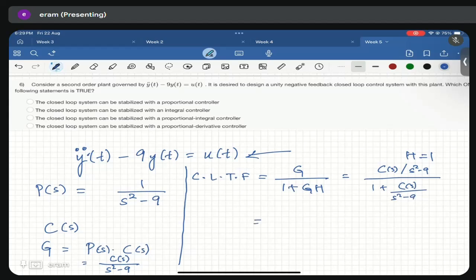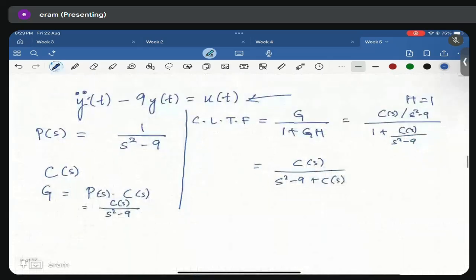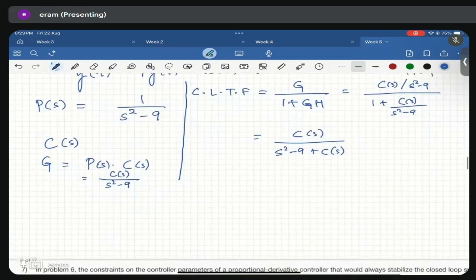We can write it as C(s) by s square minus 9 plus C(s). And for stability, we have to study the poles of the system. So where will the poles lie?